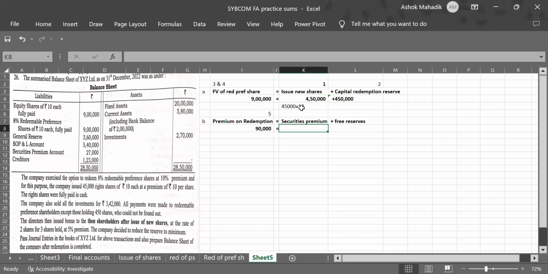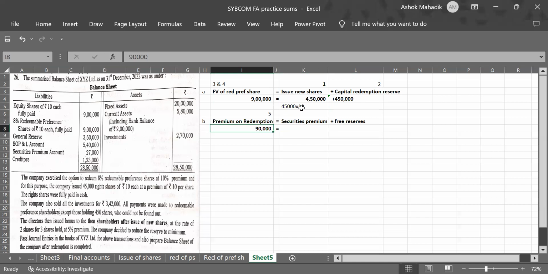The security premium on new issue is your reserve. That's a profit for you. But premium on redemption, that is premium payable at the time of redemption, is your loss. Okay. So the premium on redemption is to be written off. Since we are redeeming the preference shares, we cannot keep this premium on redemption in our balance sheet. So we can use the security premium or free reserves to write off this premium on redemption. Clear?